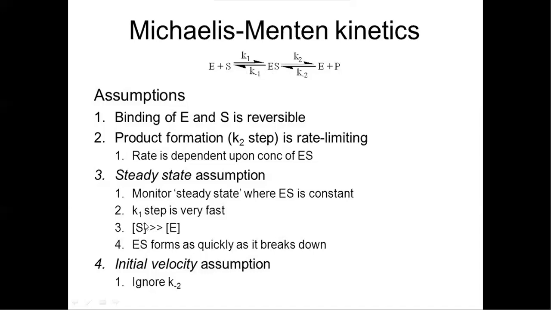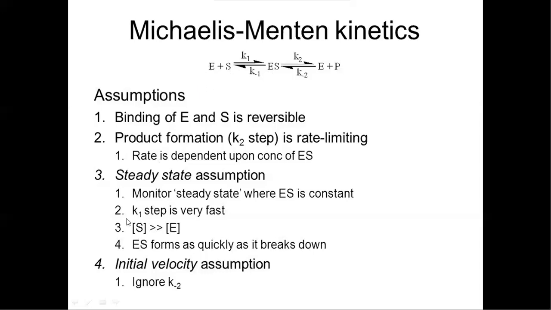So this is the fourth point of the steady state assumption: ES forms as quickly as it breaks down. ES can form easily by the K1 reaction, a forward reaction, and ES can break down into products by the K2 reaction, and also ES can convert back to E and S in the K minus 1 reaction.